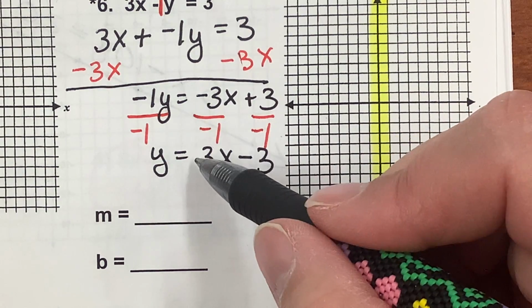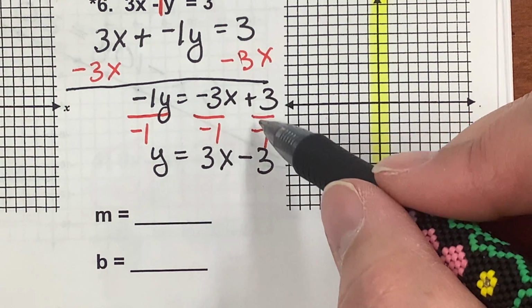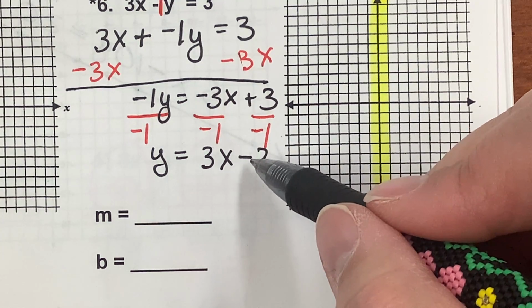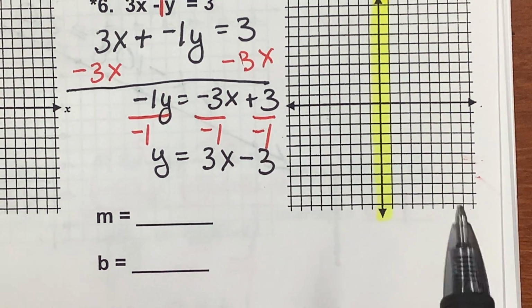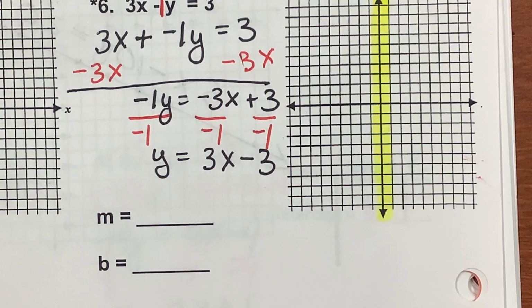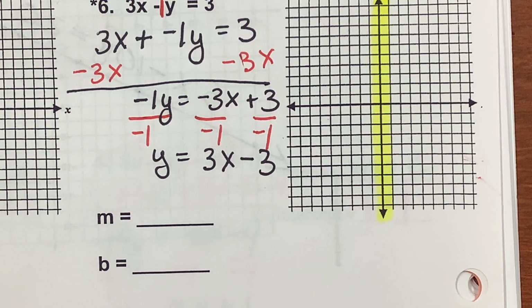Negative divided by negative, positive 3. Positive divided by negative, negative 3. Basically, dividing by negative 1 changes the sign of all your numbers. So if everything was positive, divide by negative 1, now it's negative.